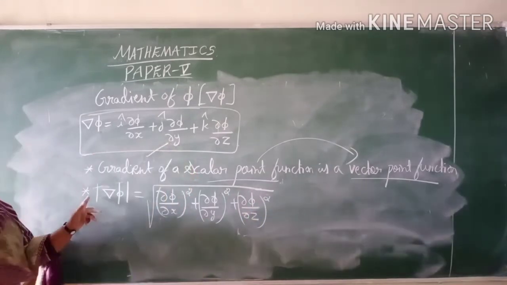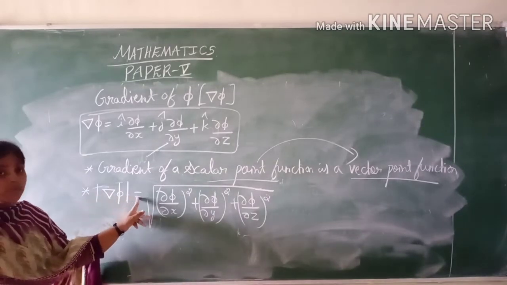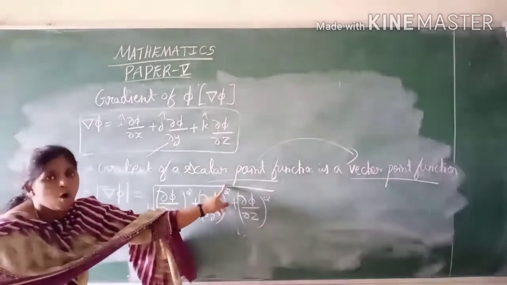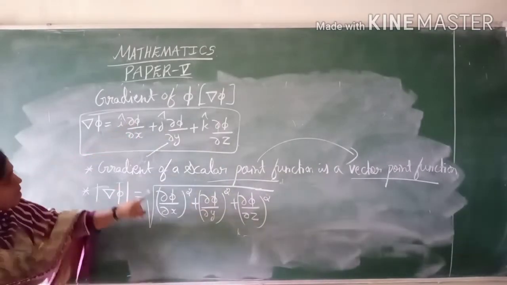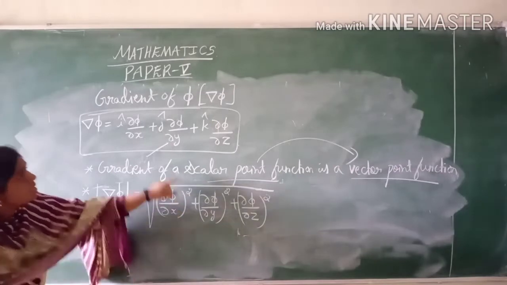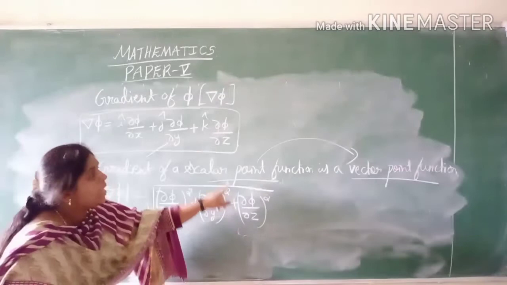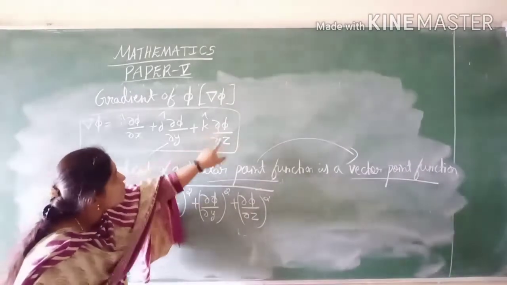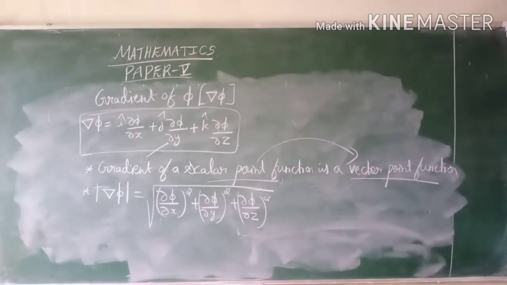That is, the modulus of grad phi is the square root of the i coefficient squared, (∂phi/∂x) squared, plus the j coefficient squared, (∂phi/∂y) squared, plus the k coefficient squared, (∂phi/∂z) squared. This is the formula for the modulus of grad phi.